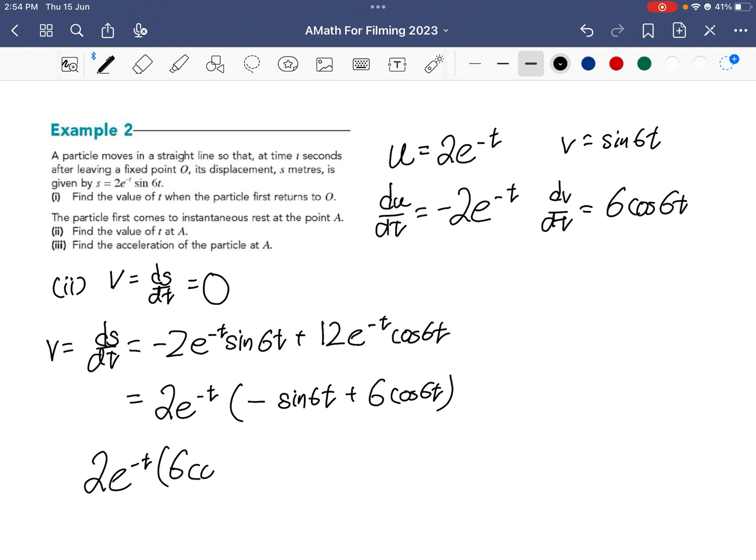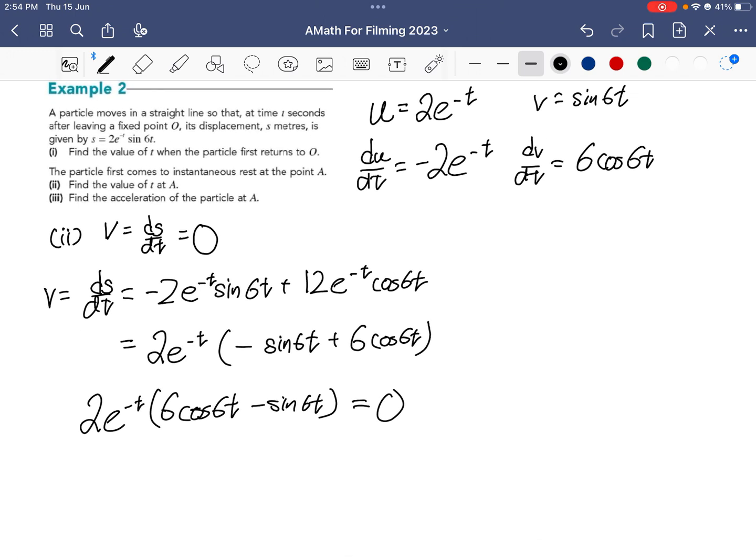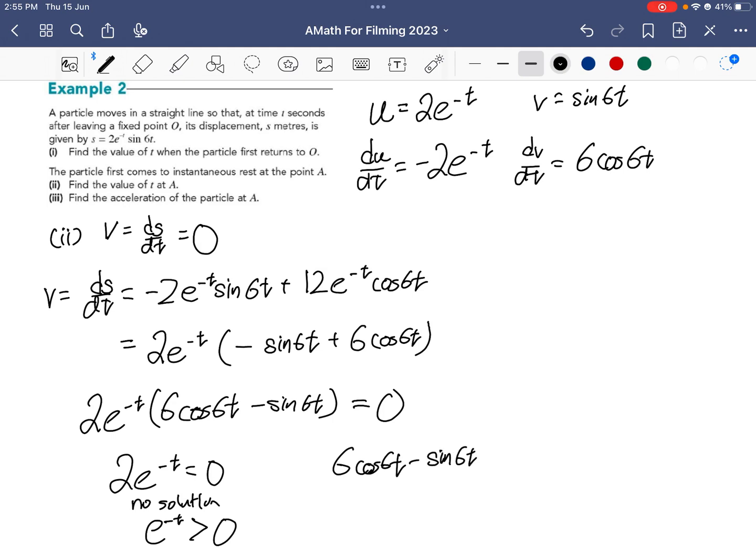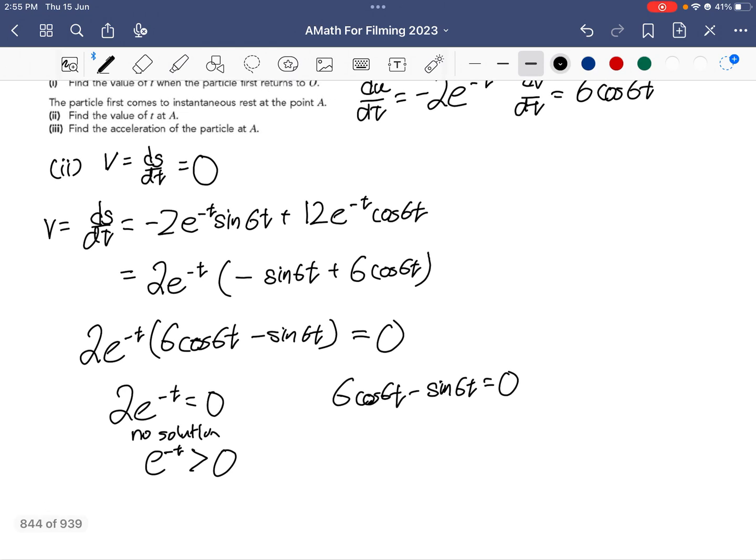So I'll say 2e^(-t) times (6 cosine 6t minus sine of 6t) equals 0. Then 2e^(-t) equals 0 has no solution. Why is there no solution? Because e to the power negative t is greater than 0 for all real values of t. Hence, what I need to solve is 6 cosine 6t minus sine of 6t equals 0.